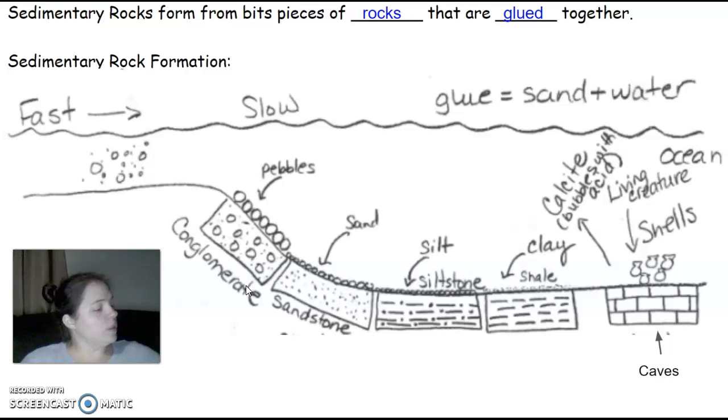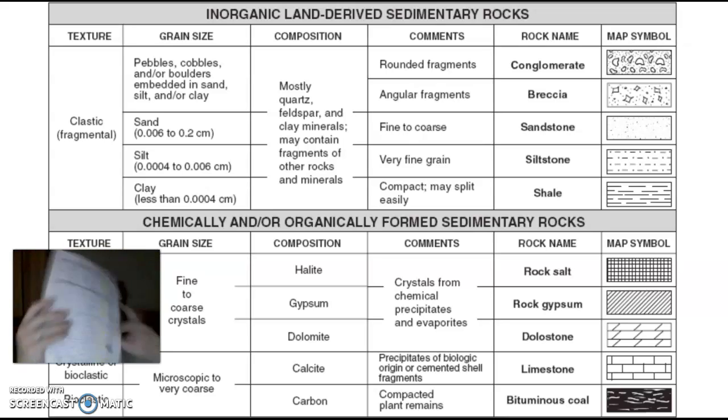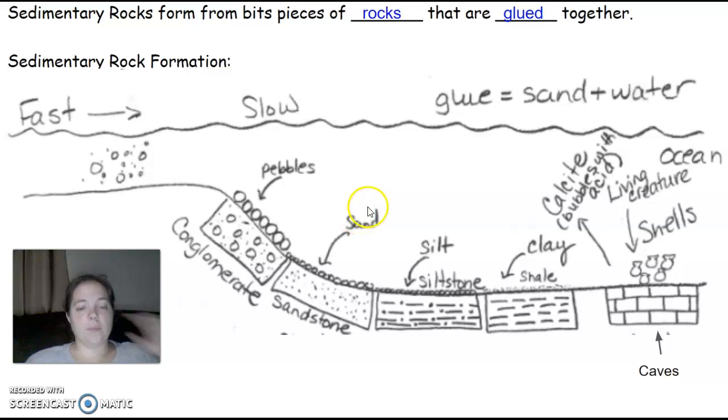If you have your reference table, this is the page 7 scheme for sedimentary rock identification. I'm looking at mine, by the way, because I've got mine right here. Always do. All right, so looking at this, we're going to start looking at this size, this land-derived.